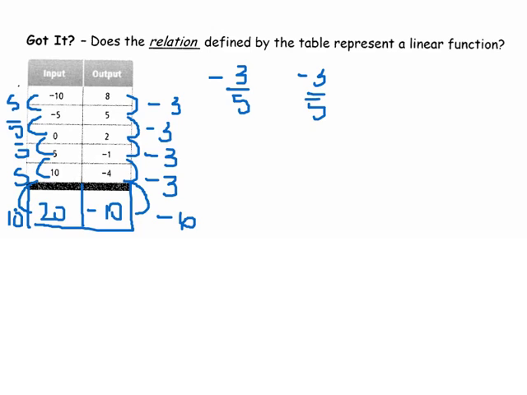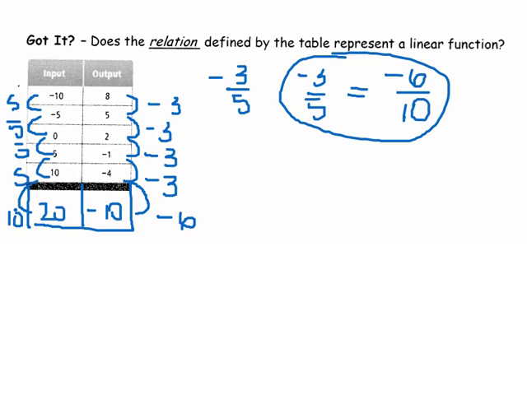So what we have to do is compare negative 6 over 10 to negative 3 over 5. And when I do that, I should recognize that those are equal. Negative 6 over 10 will simplify to negative 3 over 5. So that does work. So yes, this is a linear function.